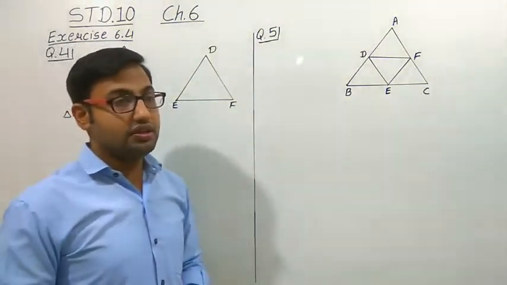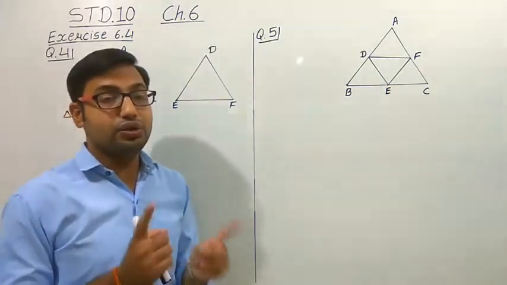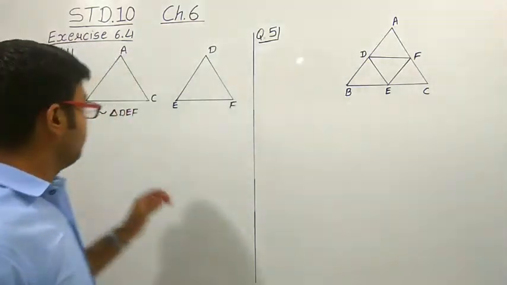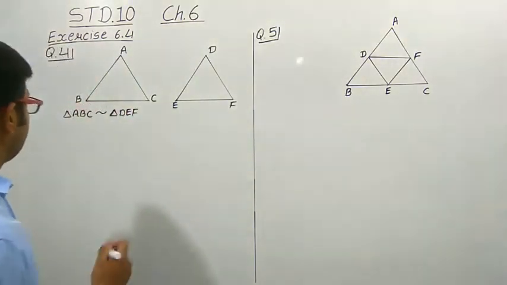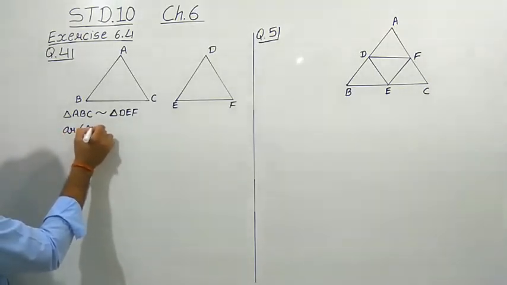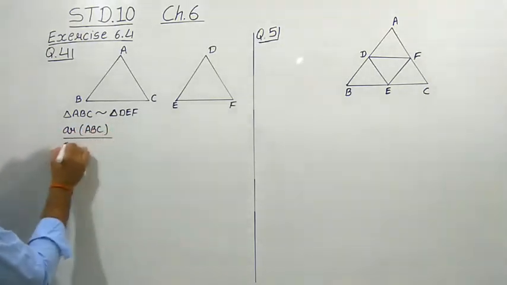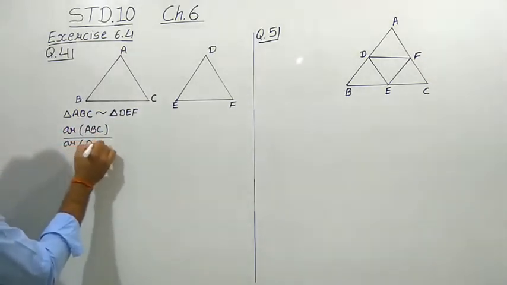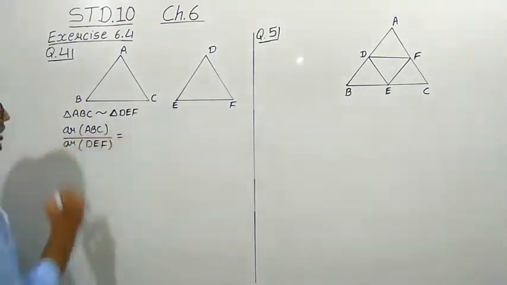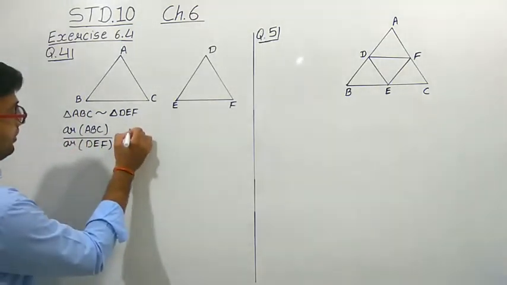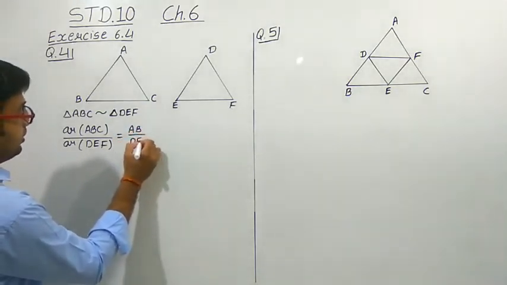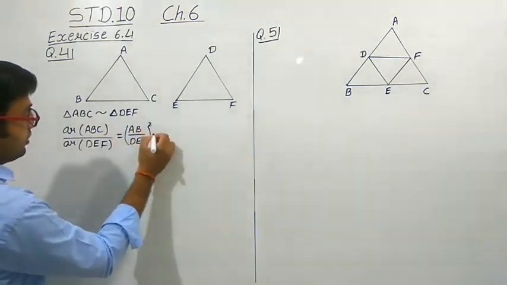So we know the theorem we have studied, that is related to the areas and the sides of the triangle. According to that theorem, if the two triangles are similar, then we can write that area of triangle ABC upon area of triangle DEF equals AB upon DE whole square.